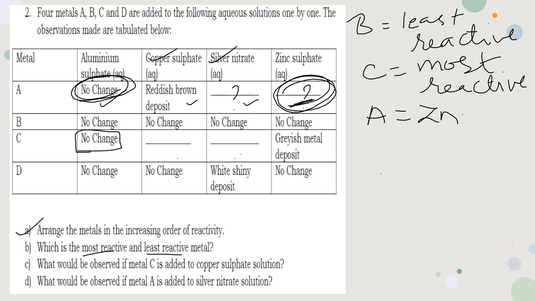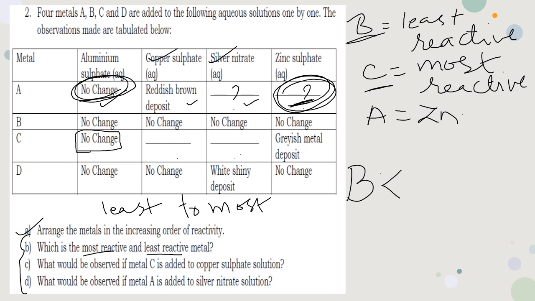Now let's answer the first question here. We have answered the other three. Arrange the metals in the increasing order of reactivity. Increasing means least reactive to most reactive. So least we have found out is B, most is C. Let me just quickly write down.